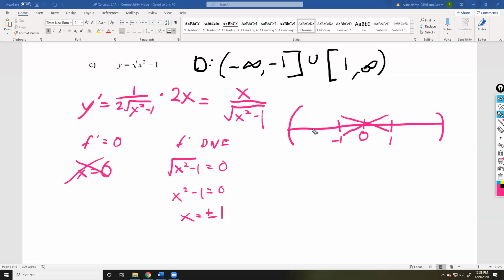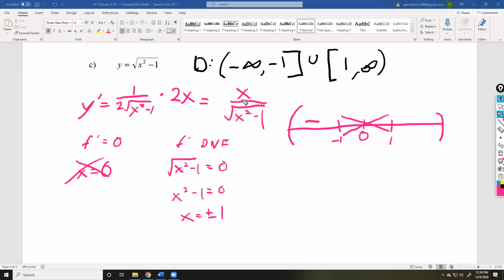So it's saying if I plug in a negative number, so let's say I plug in negative 2, well, then I would get a negative 2 over, well, this bottom is going to be positive. Right? I got to get a positive down in the square root. So I got a negative over a positive. That's going to be negative. Then I have to the right of 1.